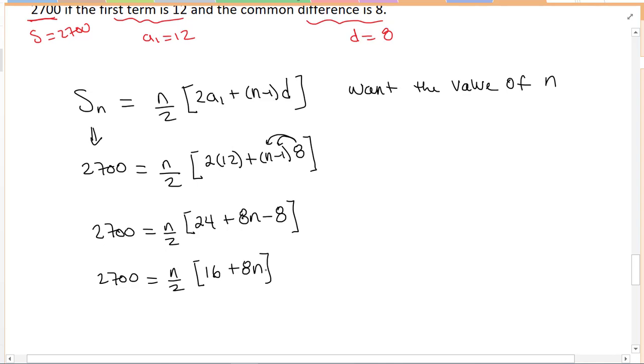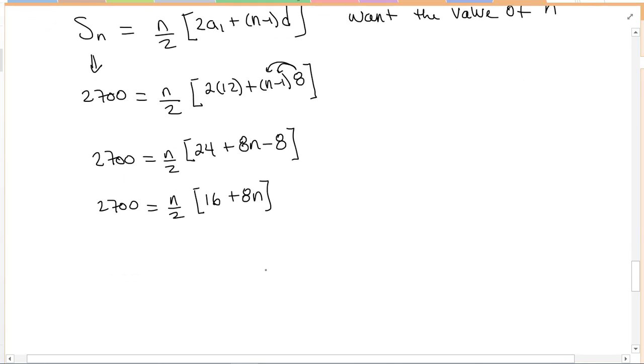Both of those are even, so when I bring in this n over 2, I'm going to be able to reduce the 2's. So 16 over 2 is 8, so I get 8n, plus n over 2 times 8n, where the 2 and the 8 reduce to 4, so I have 4n times n, which is n squared.